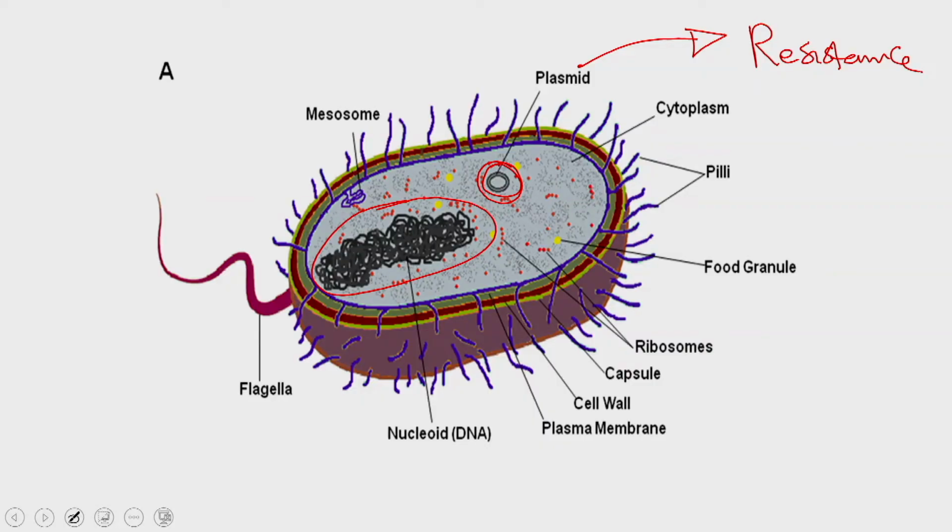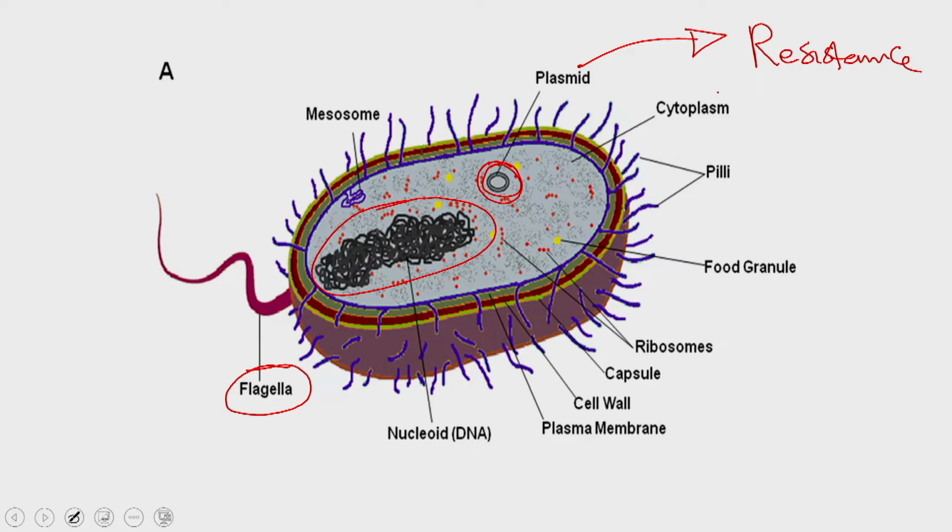And then you have the flagella. The flagella are important cellular structures, because they allow the bacterial cell to reach food particles, and allow the bacteria to swim in water or other liquid media.